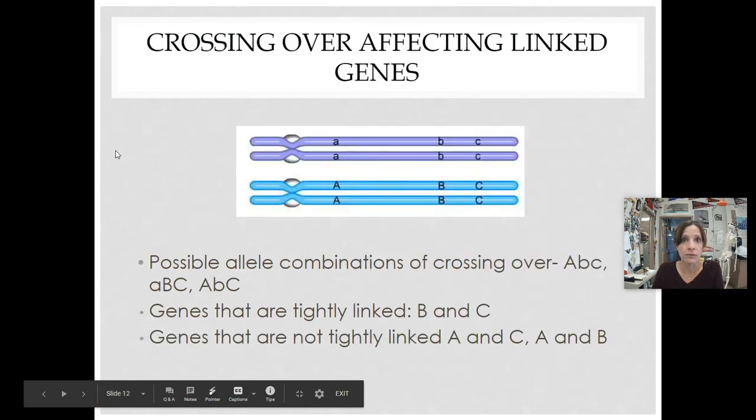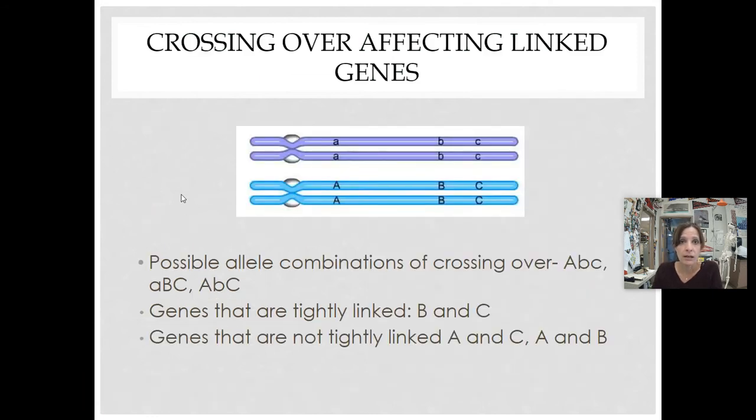Okay, so crossing over. We talked about crossing over in meiosis, but now we're going to look at how it affects linked genes. If you look at these, these would be homologous chromosomes. These 2 would be sister chromatids, they're identical, and these 2 would be sister chromatids, which are identical. So you may get a question that says, if you had crossing over, what are the possible allele combinations?